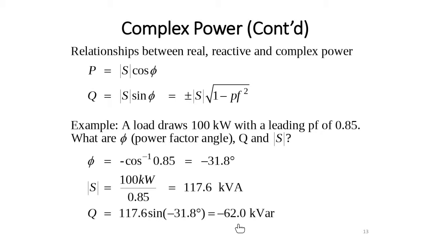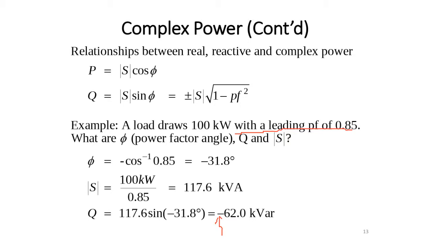All right. Now, this negative here, as you can see, it's very important. When we grade your work, we look for this. It's not just the number. The number is easy, whether you understand or not. You see, this negative here is because of this leading power factor. A load draws 100 kilowatt with a leading power factor.